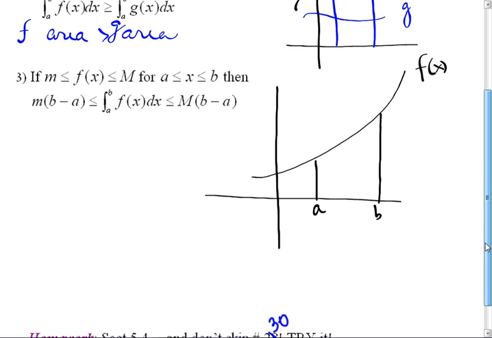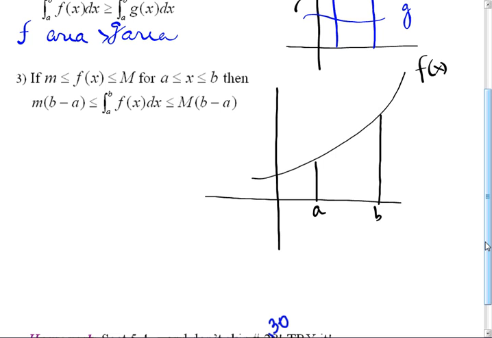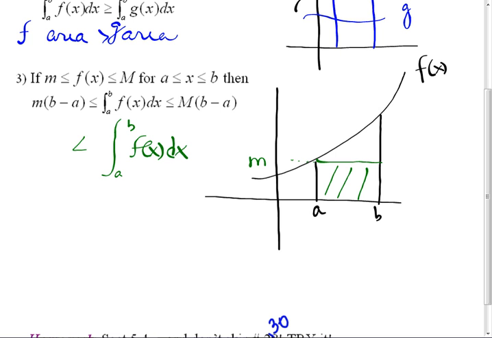Now, do you believe that the area under the curve, if I talk about areas, that's a continuous function? So if I take the area here, call this y value little m, isn't the integral from A to B of f of x dx, isn't that the actual area bigger than the area onto that rectangle?